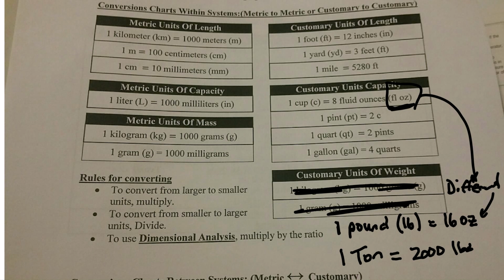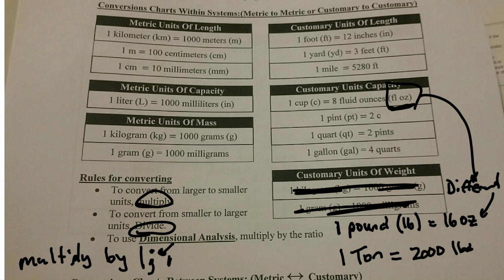Now, if you want to go from larger to smaller, you multiply. If you want to go from smaller to larger, you divide. All right. And I just like to use this thing called dimensional analysis. Really, that's just a fancy way to multiply by 1. If you multiply by 1, make something cancel.